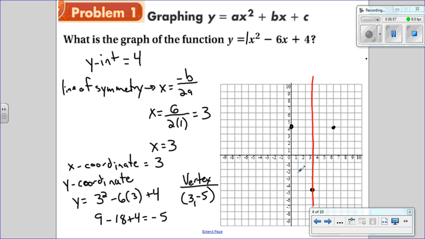So you can either pick a point between here or a point on the outside. For something like this where it's 3 away, I'm going to go for something on the inside. So I'm going to use 1. Okay? And so if I plug 1 in, I'm going to find another point.